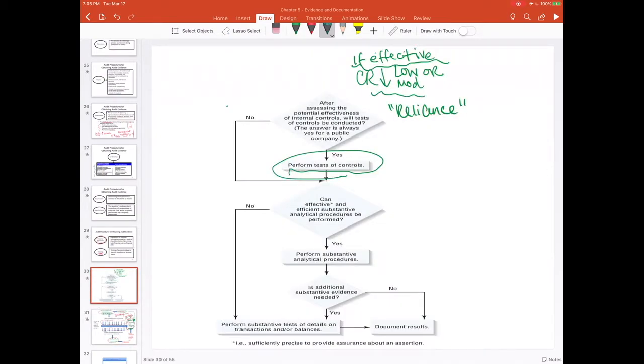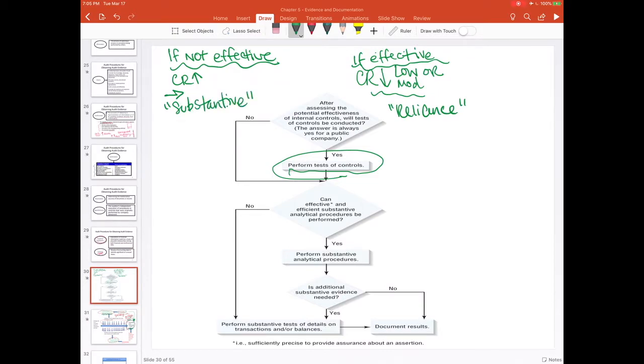Now, let's say that you're in the opposite situation where controls are not effective. So this is going to be control risk is high. If that's the case, then you are going to go for a substantive approach, which means I'm not relying on test of controls.